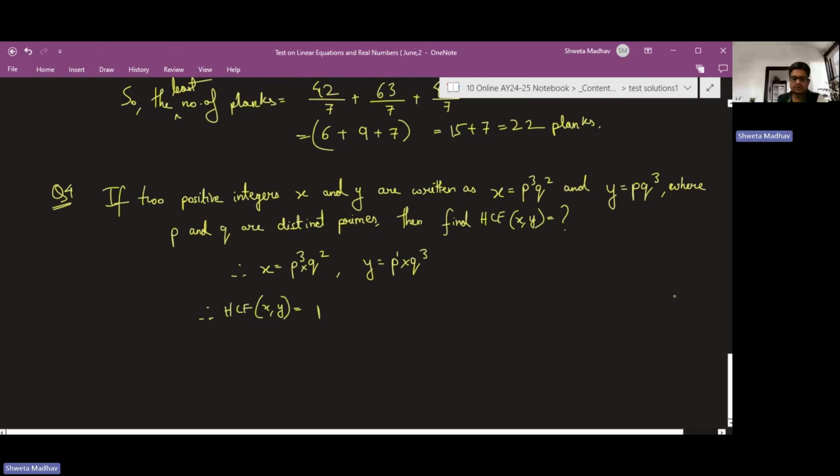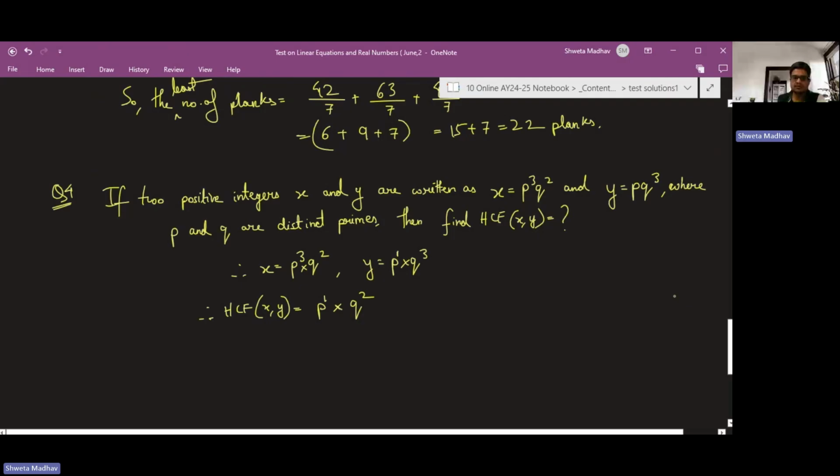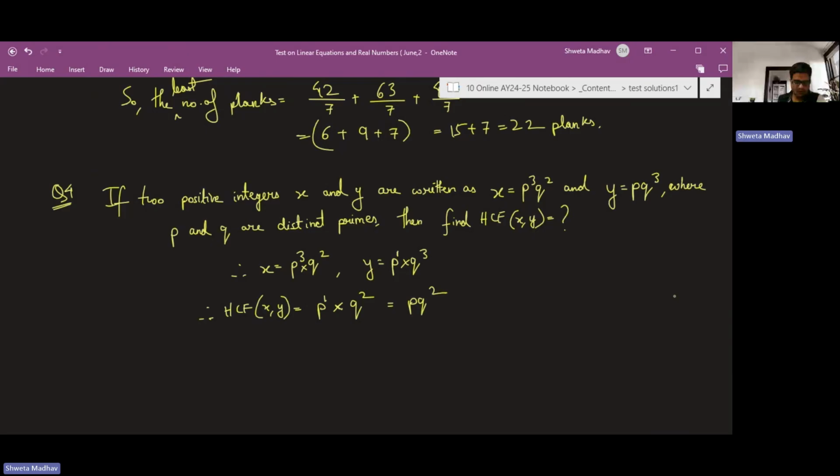The common prime factors are p and q. The least exponent of p is 1, out of 1 and 3. For q, out of 2 and 3, 2 is the least. So p power 1 into q square will be the HCF of x and y, that is pq square. So option A is the correct answer.